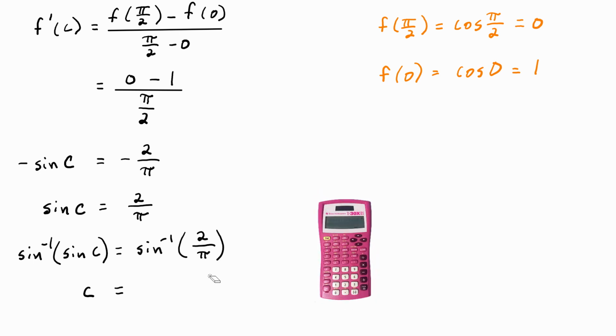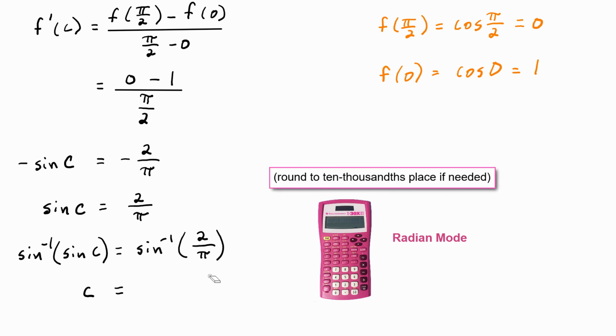The left-hand side simplifies to c, and on the right-hand side, this is not one of the special angles, so we have to pick up our calculators, make sure your calculator is in radian mode. You would do the sine inverse of 2 over pi, and in this problem, we were told to round to the 10,000ths place, so that would be 0.6901.